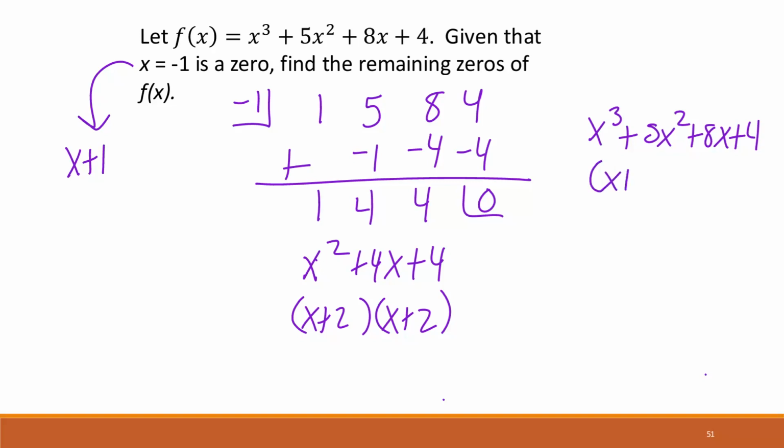So it factors to x plus 1, x plus 2, x plus 2. So our solutions then are x equal to negative 1 and negative 2. How cool is that?